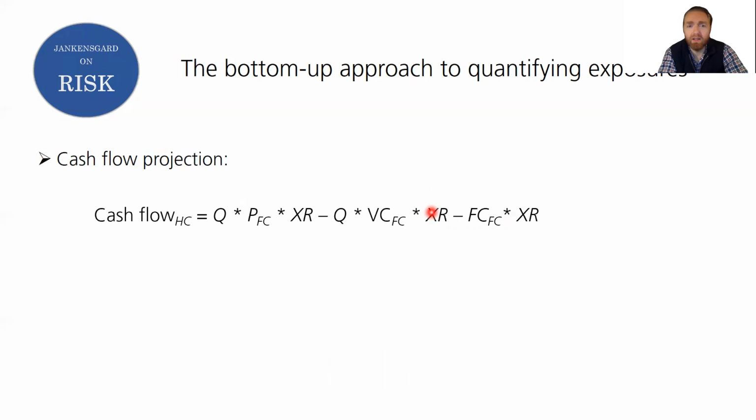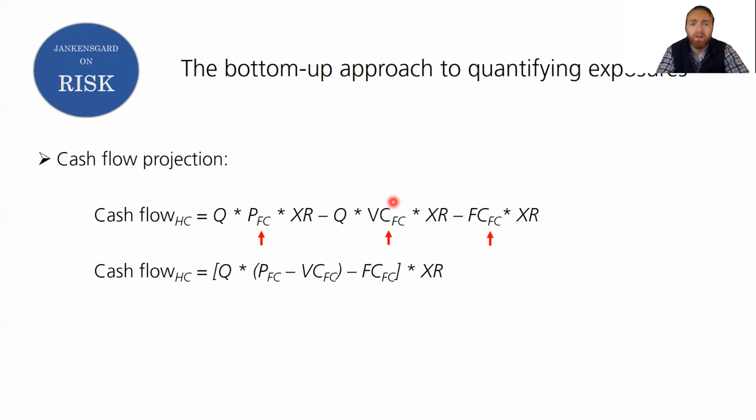So if you put them together, now this looks a little bit terrible, but it's not that bad. These are very simple relationships, and anyone can set them up in a spreadsheet. But the key here is that if we're talking exchange rate exposure, there are three places in this cash flow equation where foreign currencies appear.